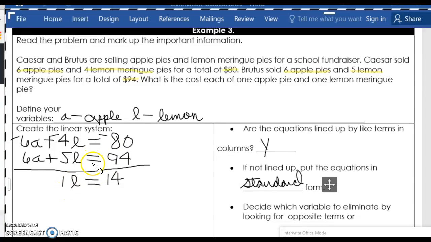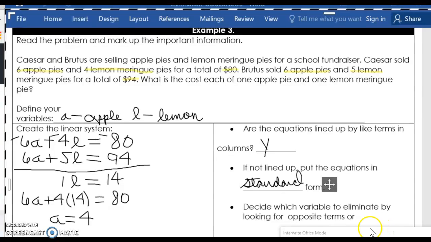Then we plug that back into one of our equations. I chose the first one, so I plugged in 14 for L. Take a minute and go ahead and solve for A. So A equals 4.